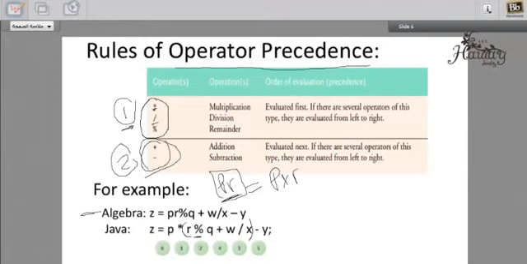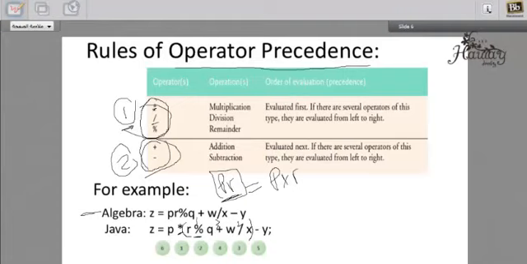Although the multiplication comes first on the left, because we have a bracket, we give the bracket priority. So the modulus will come first, then the division, and eventually the plus. Although multiplication is stronger than the plus, because the plus is inside the bracket, it is given priority over the multiplication.